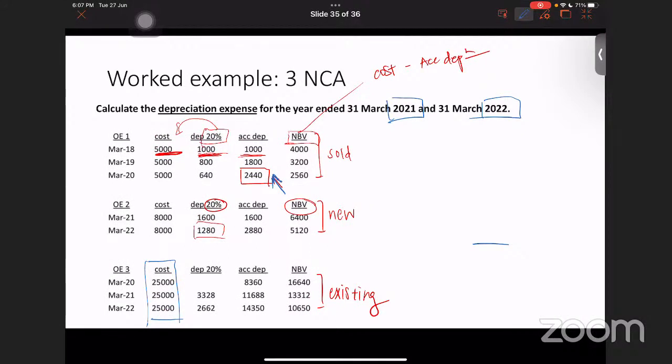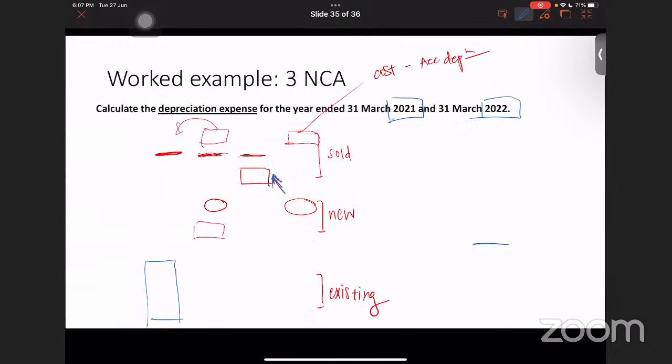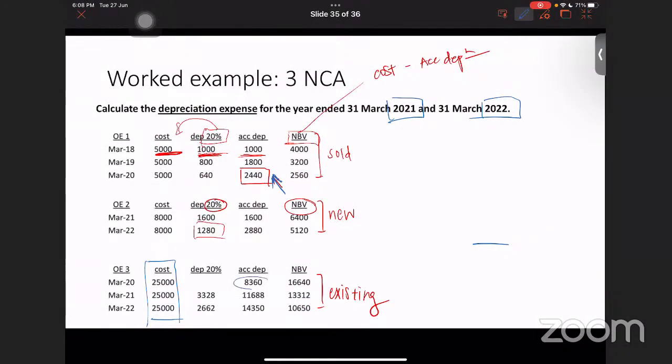The accumulated depreciation of the one that I sold is 2,440. So I will take 10,008 minus 2,440. Okay, I'll write it here. So I need to remove all the cost and the accumulated depreciation of the asset that I sold.